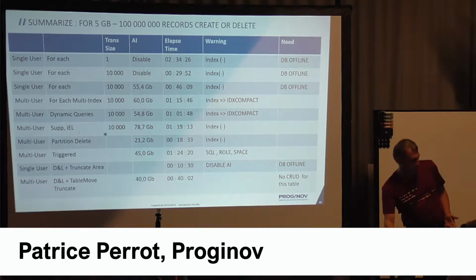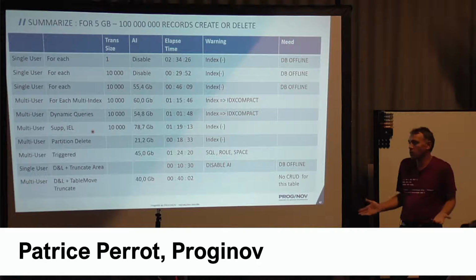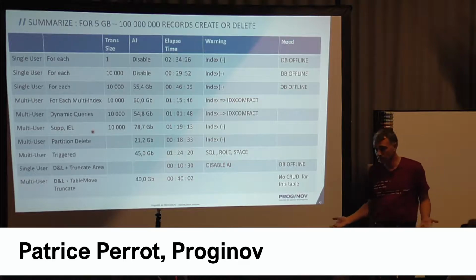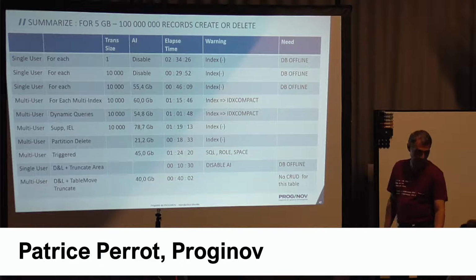There is the trick to suppress the index of the table on the fly, which takes more time, and you must have a look at the other indexes. And there is the triggered option and the binary dump and load option.